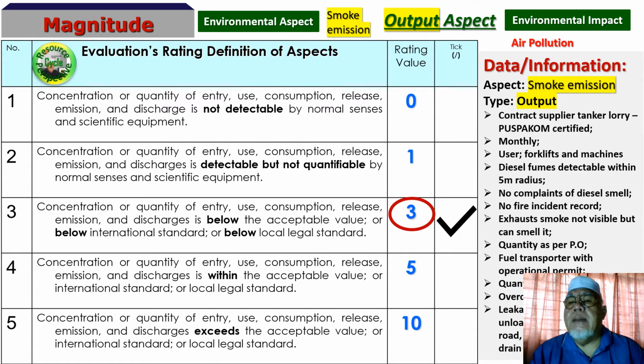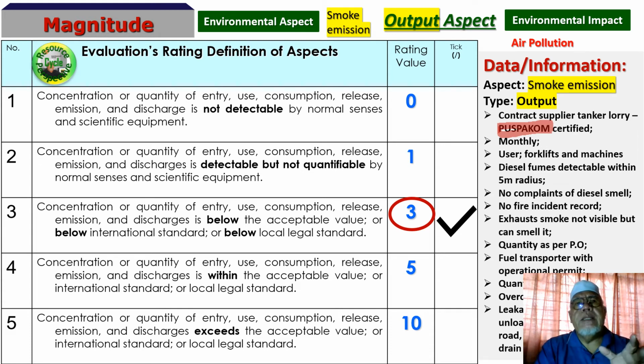Now, in this case, in this country, Malaysia, they displayed to our team of auditors a certificate by Puspakom, which is a body legislated under the law of the road transport department in this country that certifies, checks, and inspects all commercial vehicles for their roadworthiness, including engine condition, braking, and all those elements known to you, I believe, better than I do, including the emissions of smoke from the exhaust.